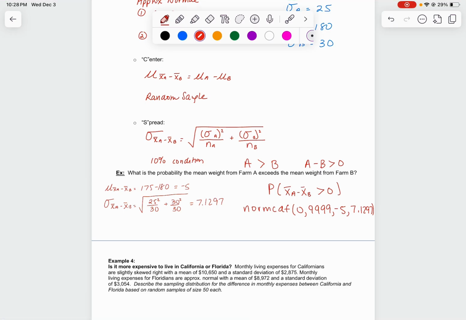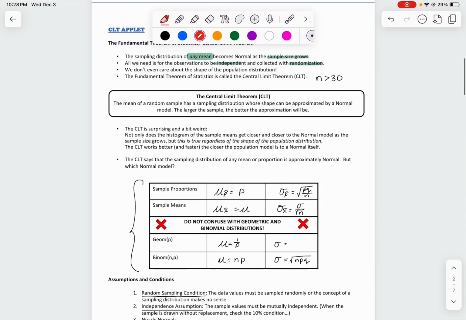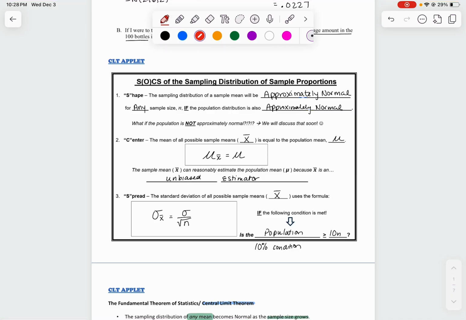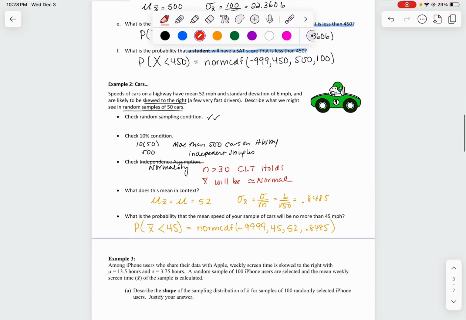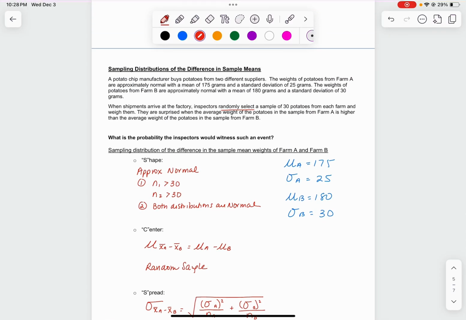But the big takeaway from today is the sampling distribution of a sample mean. You should be comfortable with looking at the sampling distribution for one sample mean, from one sample, or even looking at the difference between the means for two separate samples.